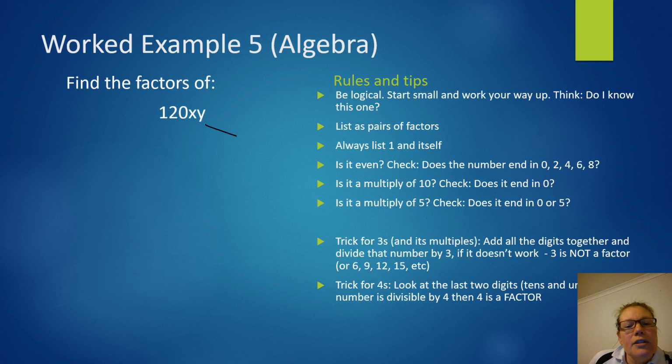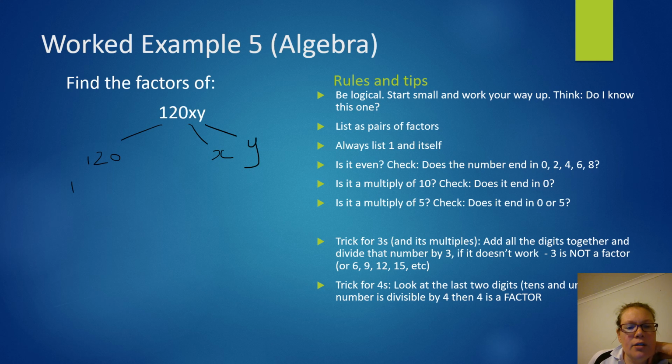So factors y and x. We don't know what those numbers are, so they are just factors that we don't know at this point in time. We then work with the 120 by itself, okay? And in a later video, I'll talk about factorizing in algebra.